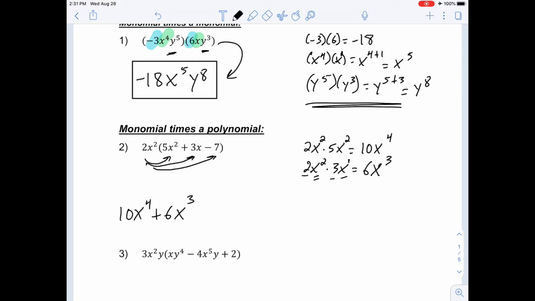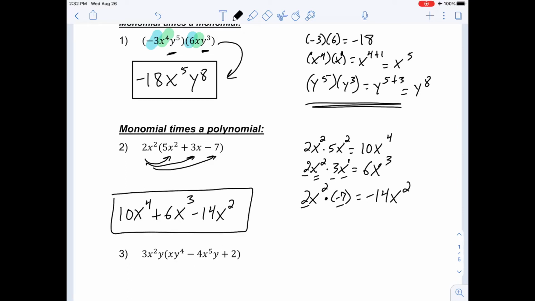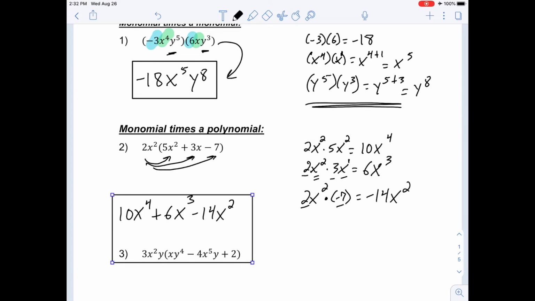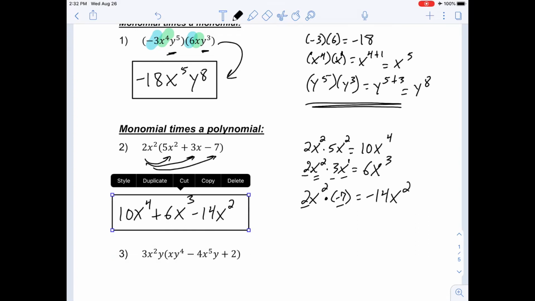And then the last multiplication, we have 2x squared times -7. All we can really do is multiply those two numbers together. So that'll give us -14x squared. So this right here is the answer for number 2.